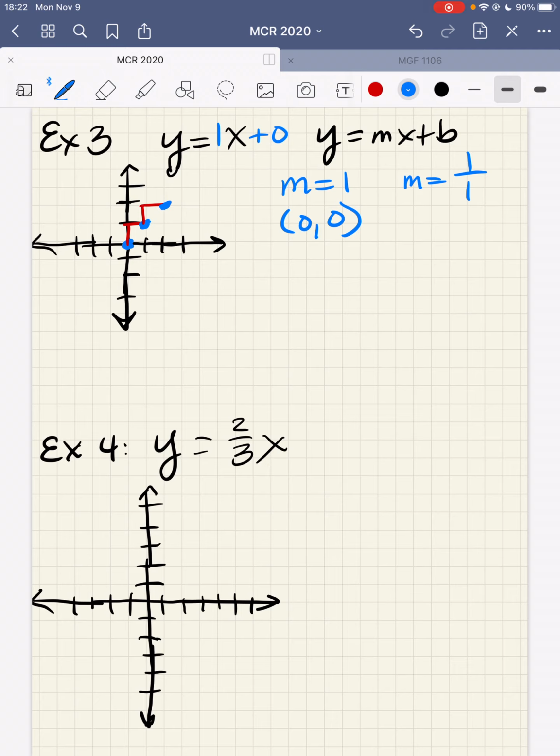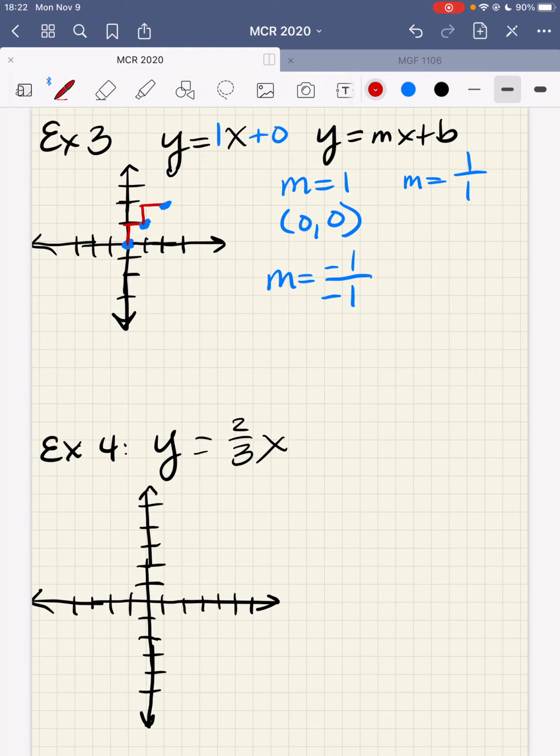I can also, with this, remember that if I have a slope and it has a double negative, remember a negative over negative is a positive. So -1 over -1 is also 1. I can navigate the opposite direction.